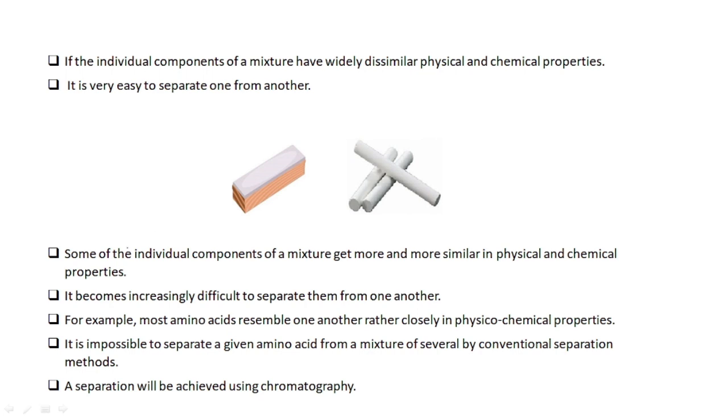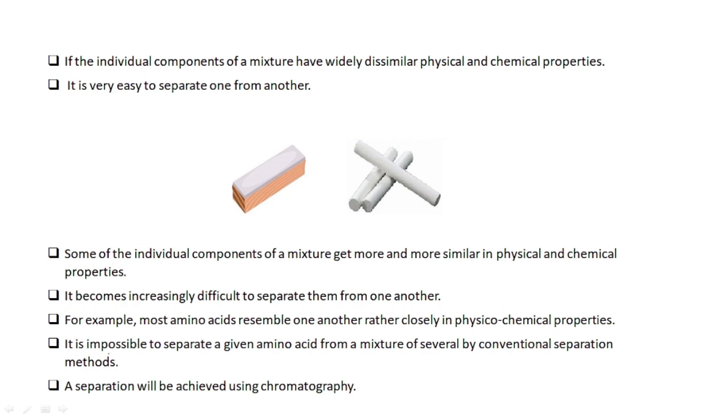Now, when the individual components of a mixture get more and more similar in physical and chemical properties, it becomes increasingly difficult to separate them from one another. For example, most amino acids resemble one another rather closely in physico-chemical properties.